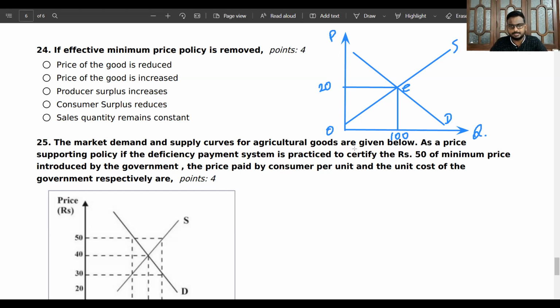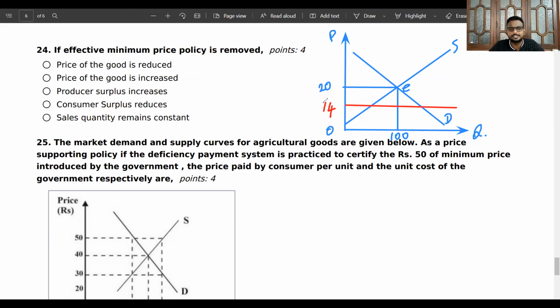But the minimum price can be anywhere. Let's say the government is setting a minimum price of, for example, 10 rupees or 14 rupees. If the government sets 14 rupees as the minimum price, that means no one can sell below 14. And 20 rupees is above 14.